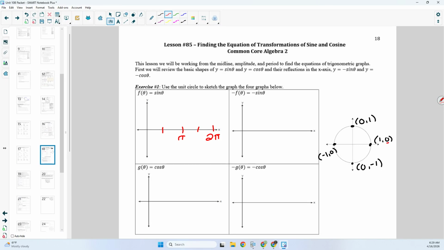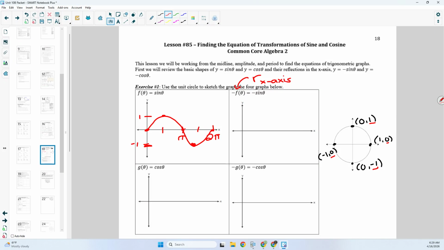So if I'm following sine around the unit circle, I'm going 0, we'll put some scales on here, 1, 0, negative 1, 0. And if I'm going to do a negative f of theta, I'm talking about a reflection in the x-axis.